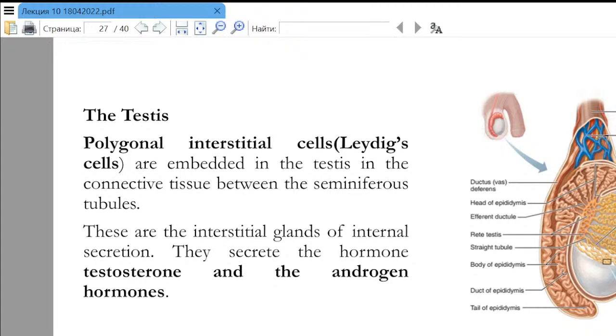This is the interstitial gland of internal secretion. They secrete the hormone testosterone and the androgen hormones. Testosterone, hormone testosterone.